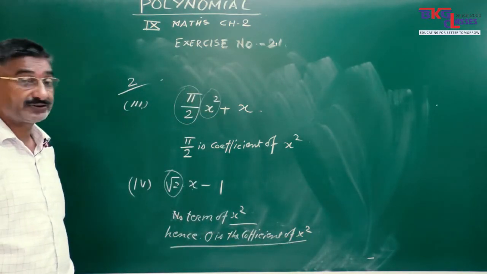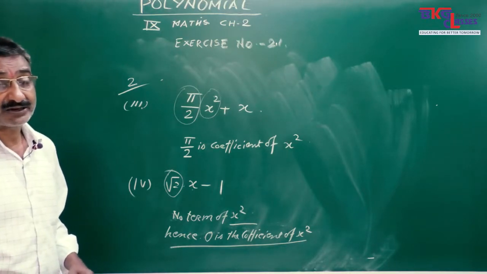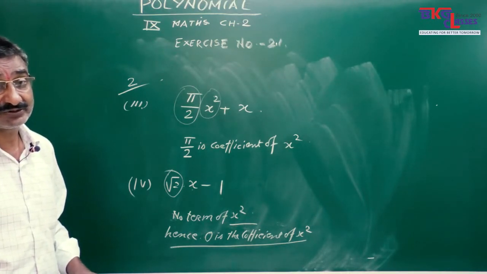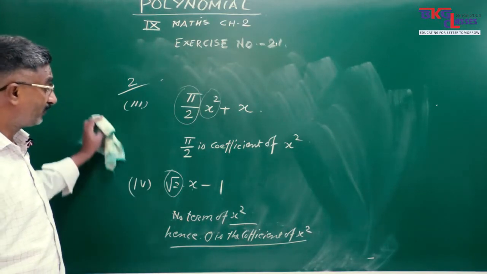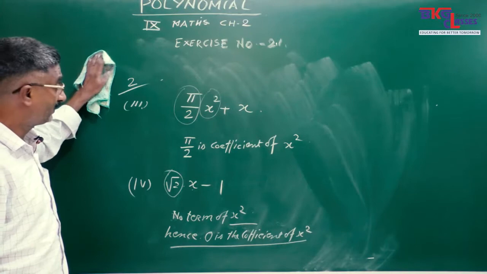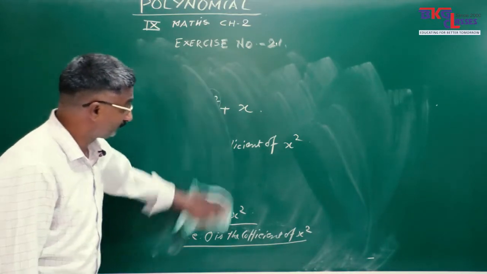So the coefficient is 0, because any number or any variable multiplied with 0, the answer will be 0. So this is 0. Okay, so this is the fourth one of the second question.